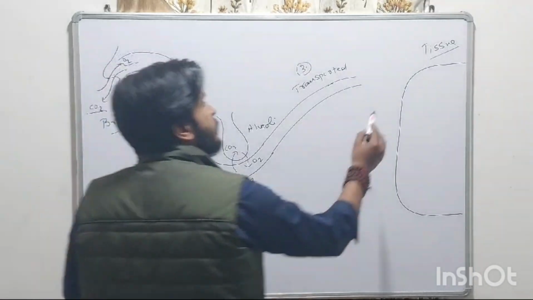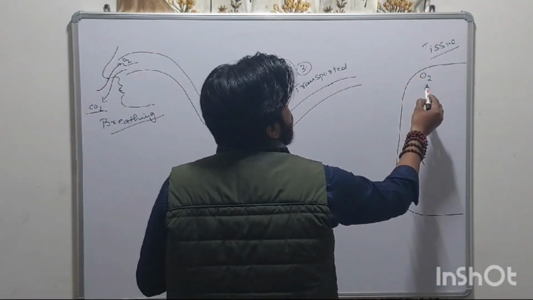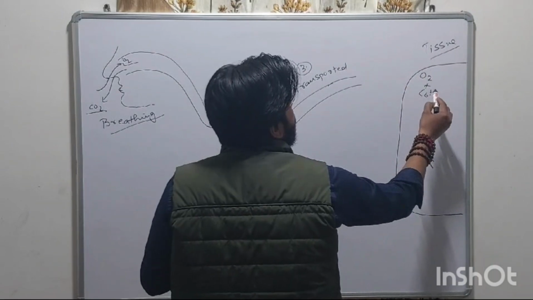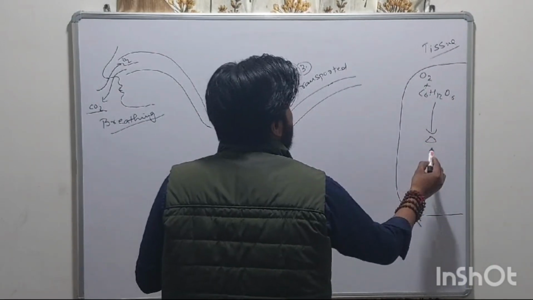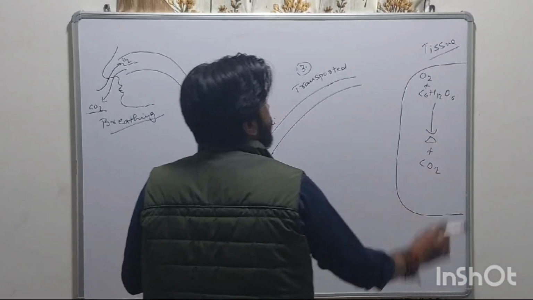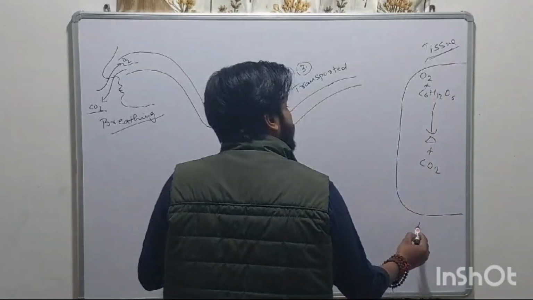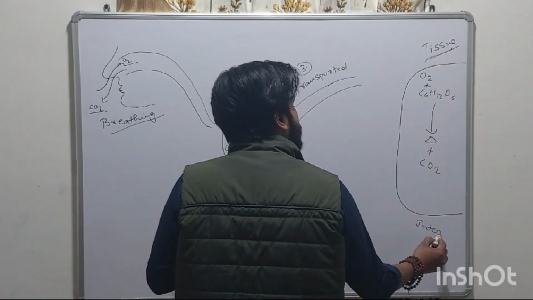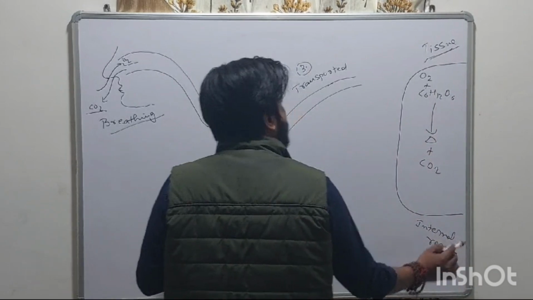With the help of the oxygen acquired from the atmosphere, the tissue undergoes respiration to release energy, and we get CO2. At the site of tissue level, we call it internal respiration.